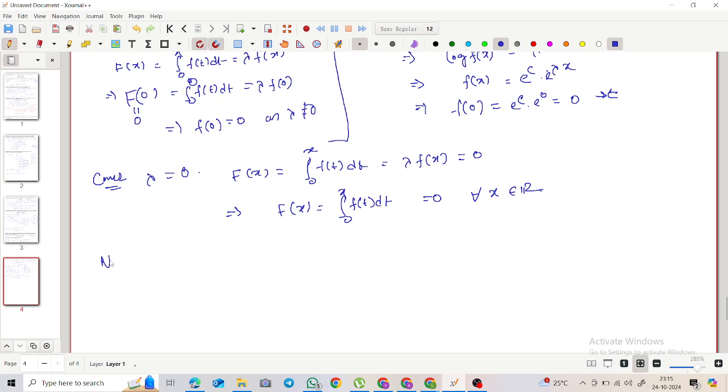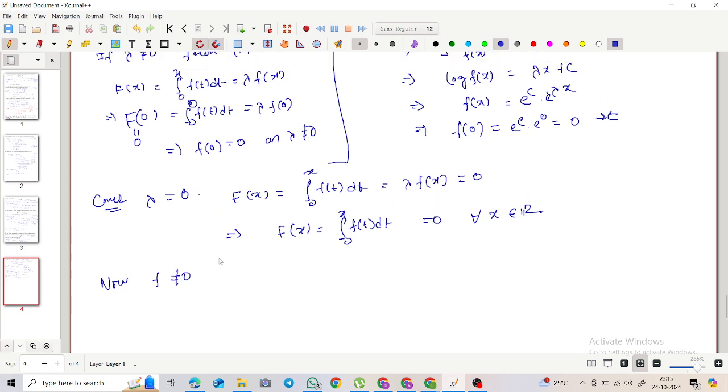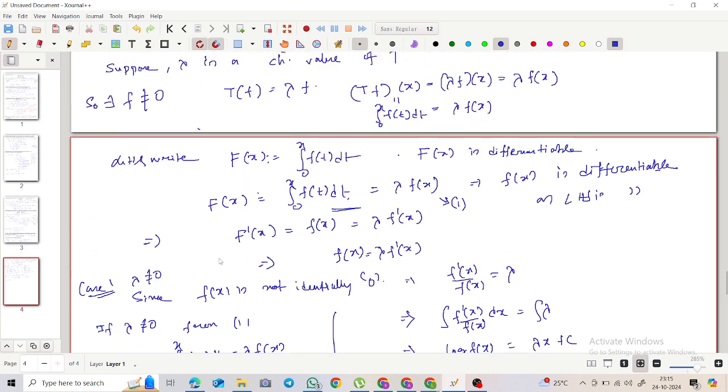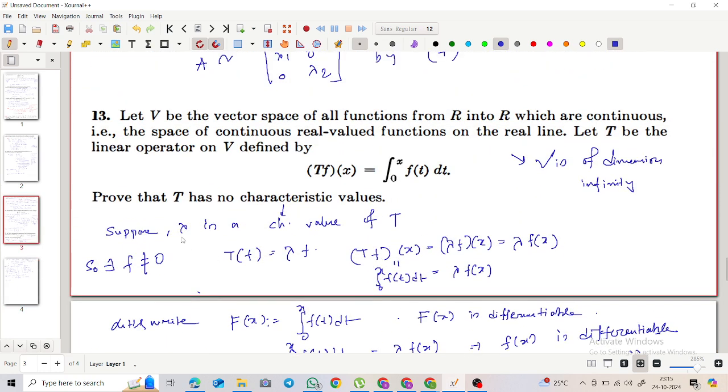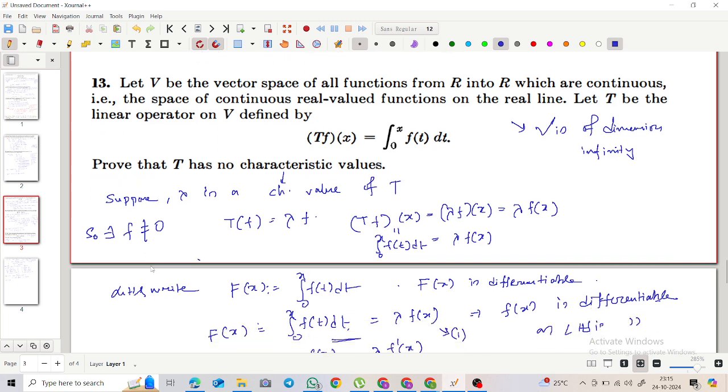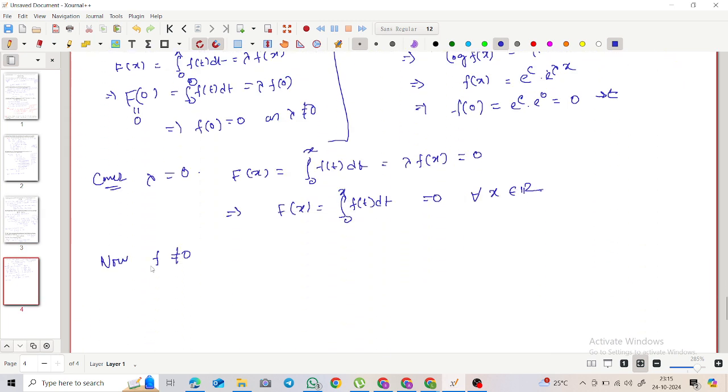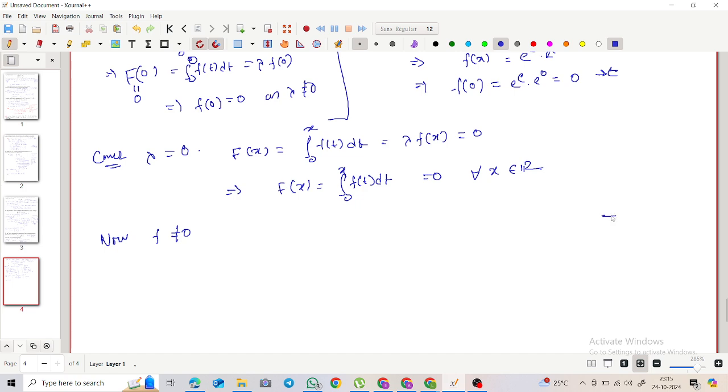Now, an eigenvector cannot be 0. When we are talking about eigenvectors, an eigenvalue can be 0, but an eigenvector by definition is not 0, because T(0) is 0, equal to lambda into 0.